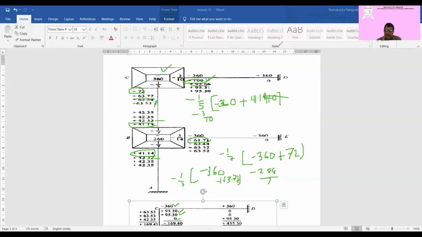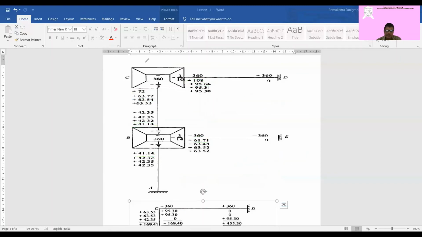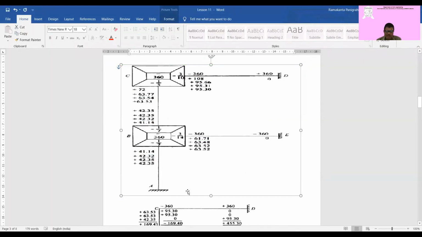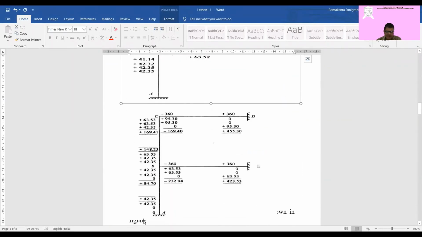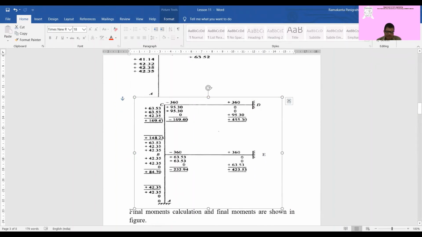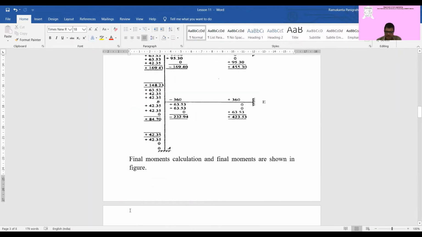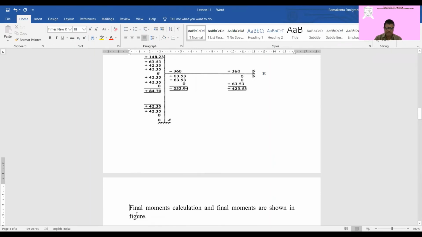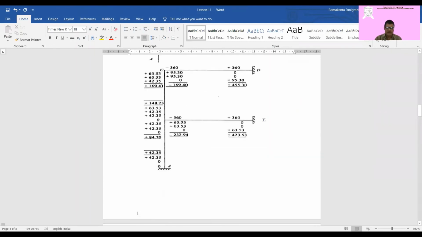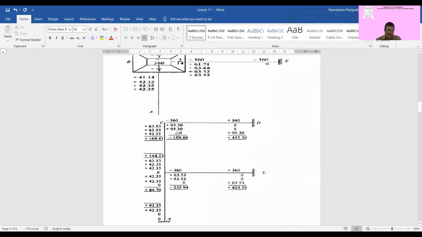I think now you are clear. Like here in the table, he has shown it in this form. The final moments are shown in this figure. Now this is how it has been calculated.